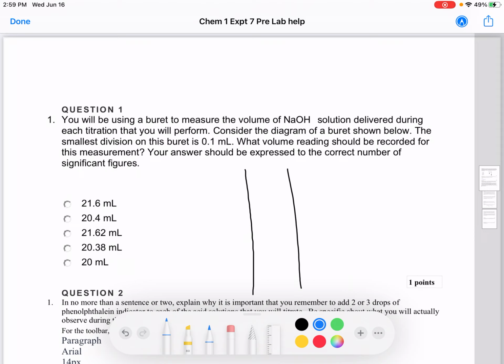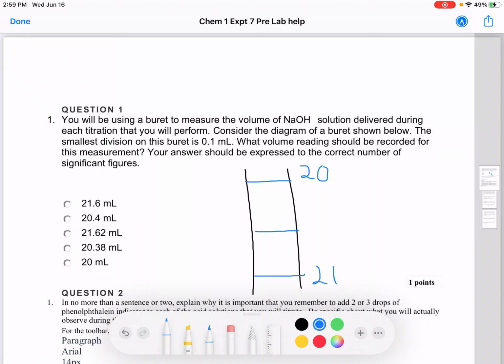I was not able to copy the image here, so I'm going to go ahead and draw. So this is your 20 mark and this one is 21. Then the middle one should be 20.5.